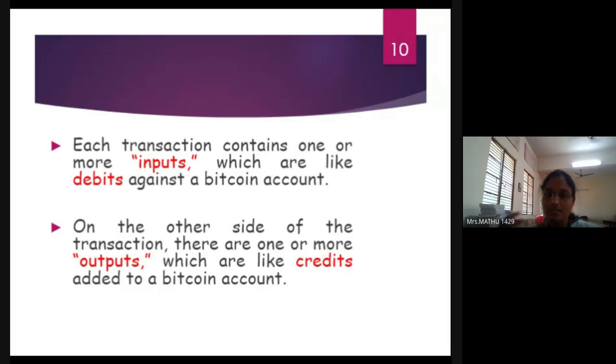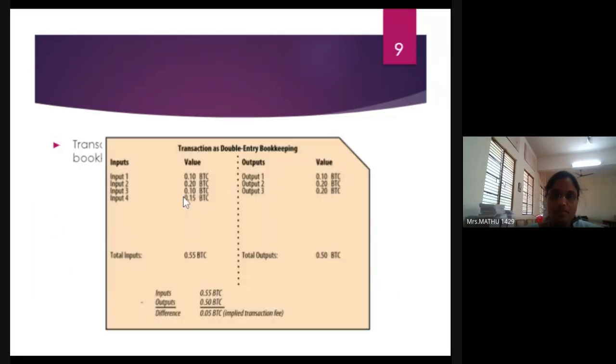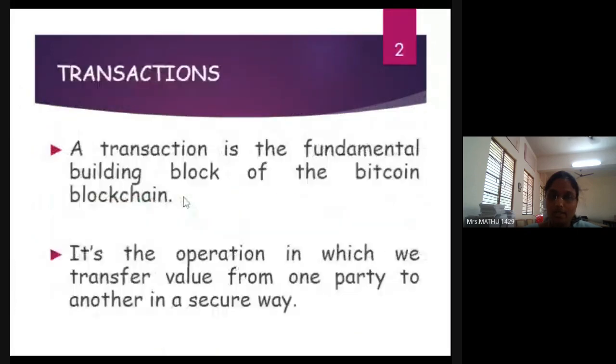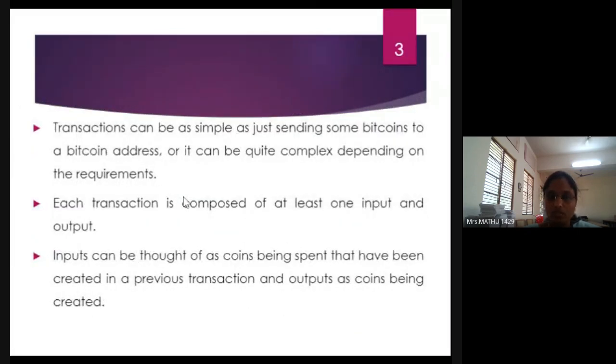On the other side, the receiver will be receiving that amount, which is like crediting. Input does not mean that you are getting something in; it is like spending, the amount that is spent, or debited from your Bitcoin account. On the receiving side, it is like crediting, so the Bitcoin will be credited into their Bitcoin account. Each transaction will have at least one input and at least one output.